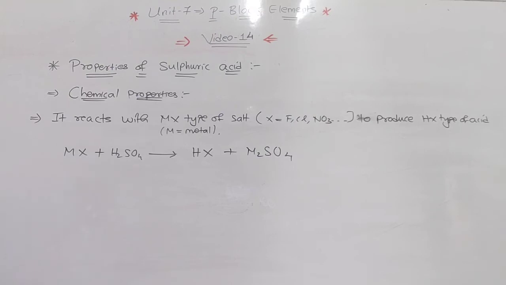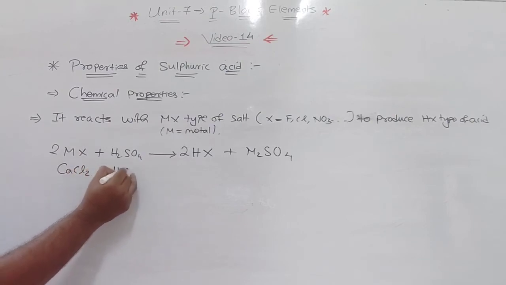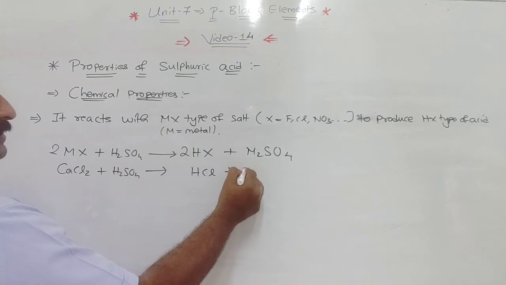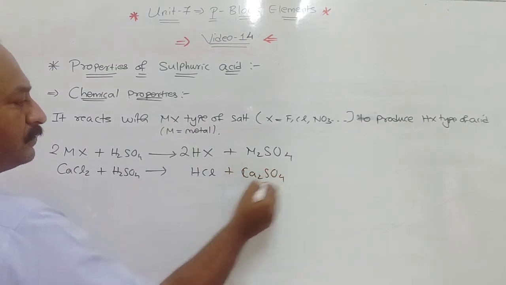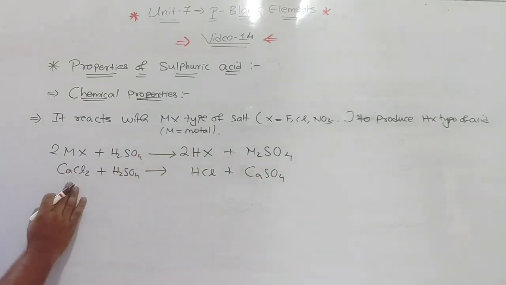So you can balance it later on. So we write here 2MX, here 2HX like this. Is it clear? So suppose metal, CaCl2, plus H2SO4 gives you HCl plus CaSO4.